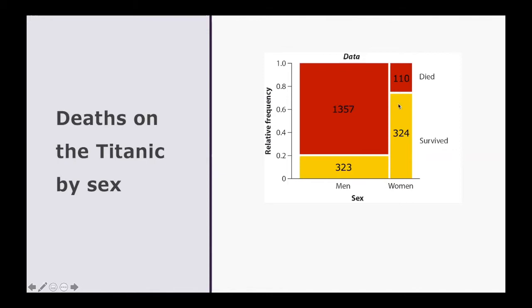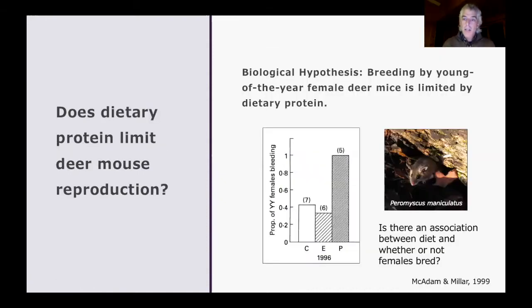So in this case, an association between whether or not an individual died and whether they were a man or a woman is indicated by different heights or different proportions of these red and yellow bars. If these two categorical variables were independent of one another, we would expect to see similar sized red boxes and similar sized yellow boxes.